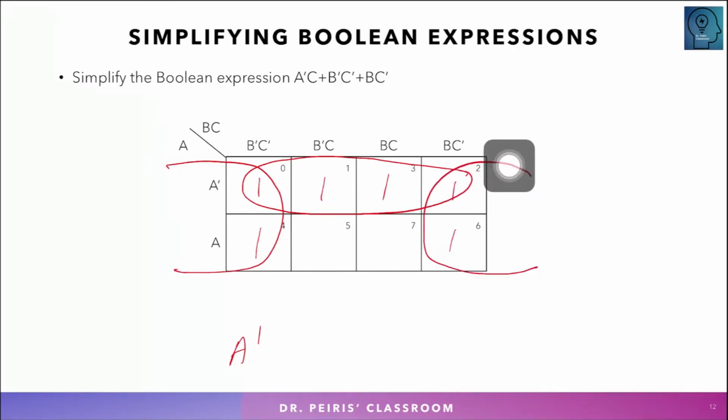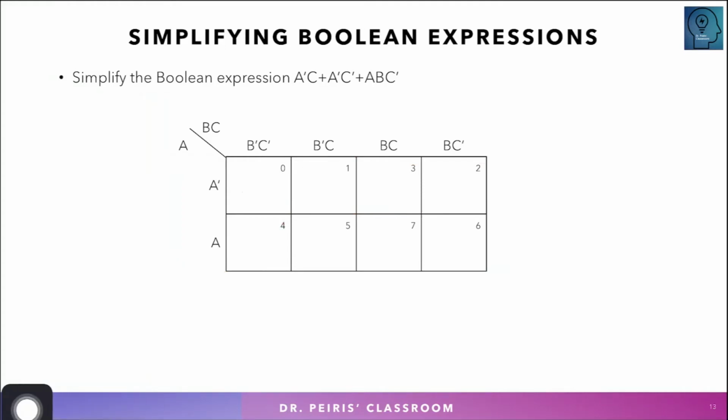So you must group it like this, because you have a 1 here, you have a 1 here, which means you can do a bigger group like this. Now what does that group correspond to? It's 2 different rows, so nothing is common here. Now for this column and this column, what is common? C prime is common. So this is A prime or C prime. So make sure that you do these things properly. It has to be a single group with the largest number of 1s.